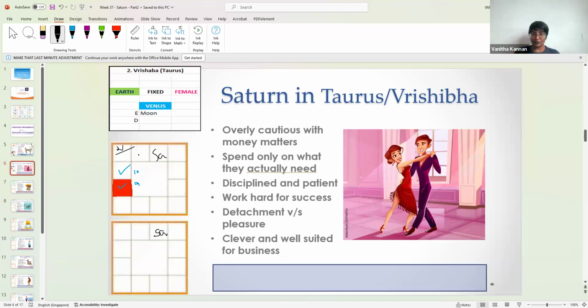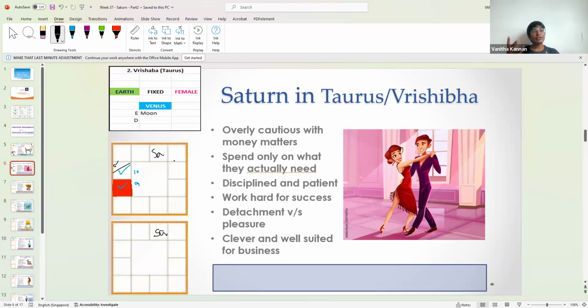Then it goes to the fourth house. Considering Kumbha Lagna, the Rishabha becomes the fourth house. The same quality comes: they know how to handle money, but this is exactly applicable to your mother.